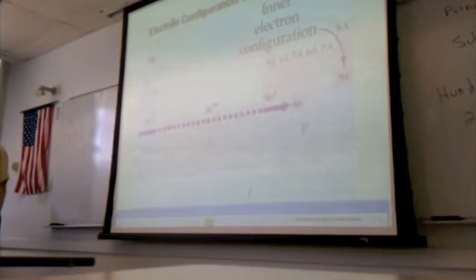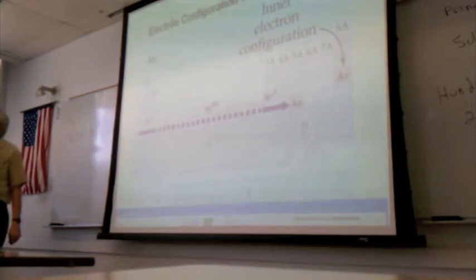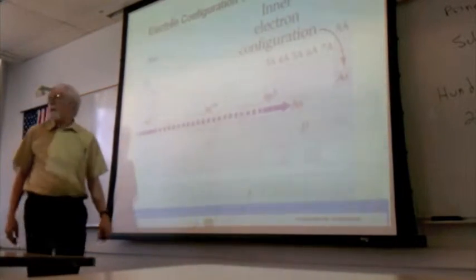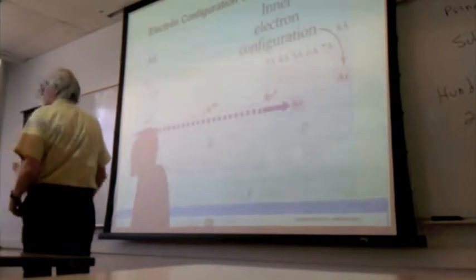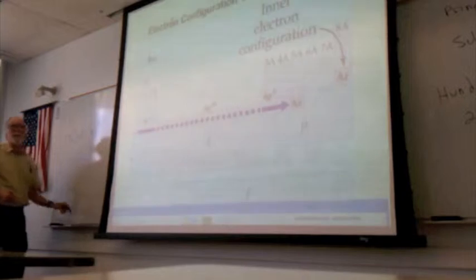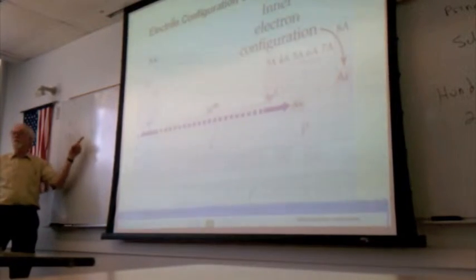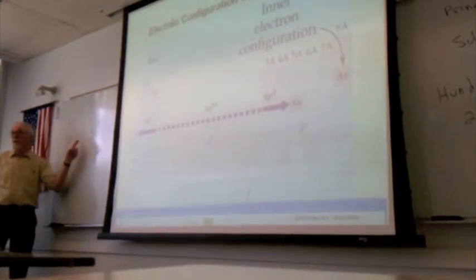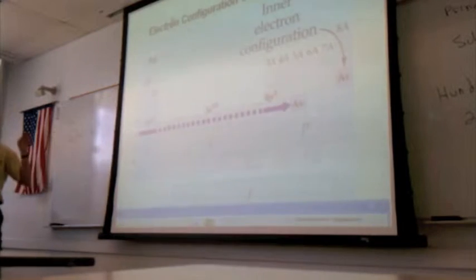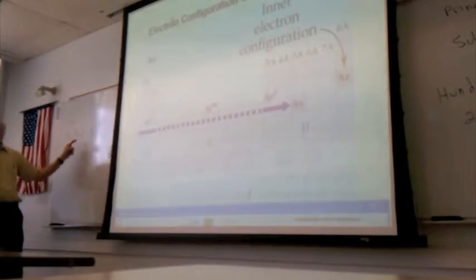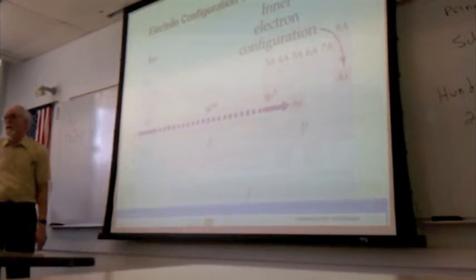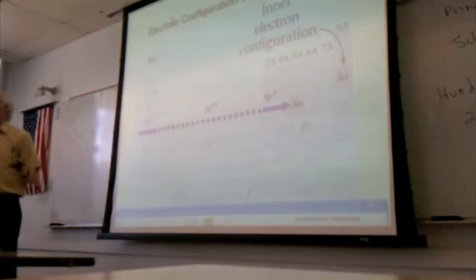On my periodic table, it tells you the electron configuration, but it has Ar 3d8 and 4s2. Some periodic tables will have these reversed. We're going to talk about why in a minute. If you fill them appropriately, either way is acceptable.